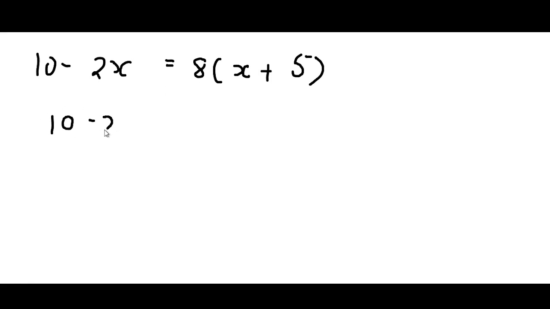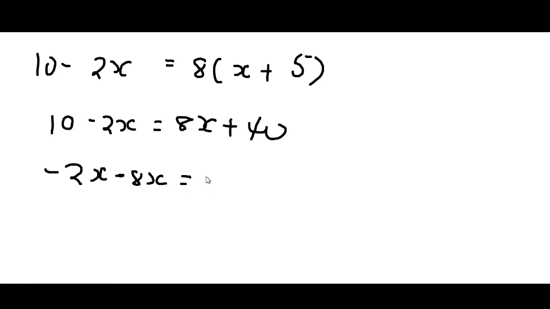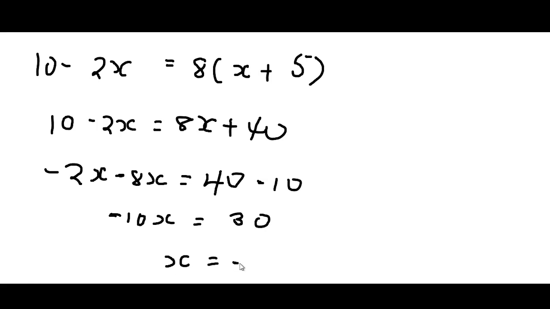So 10 minus 2x equals 8x plus 40. We bring this 8x to this other side, so it becomes minus 2x minus 8x equals 40 minus 10. Negative 2x minus 8x, you're left with negative 10x equals 30. So our x will be negative 3.